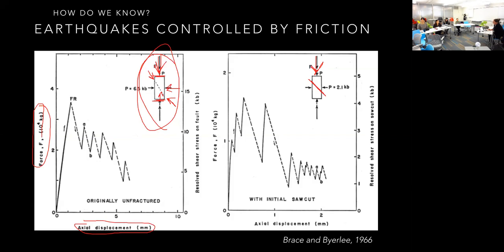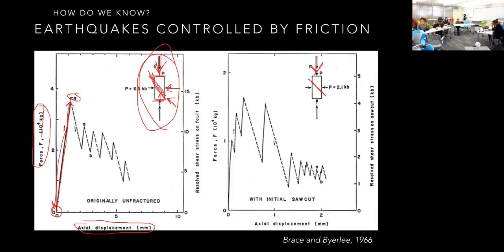And in the originally intact experiment, they start out with 0 displacement and 0 force, increase the force, the rock starts to squish, and initially it squishes elastically. It's just shortening, but if you let go at this point, it would probably rebound. But they get up to some point, which is basically the strength of the rock, and the rock fractures. And so here at FR, the fracture takes place and this little fault forms at some spontaneous angle.